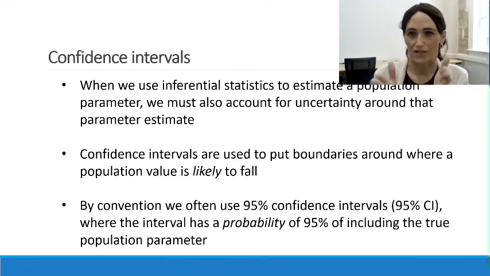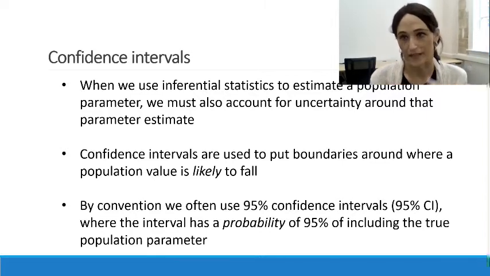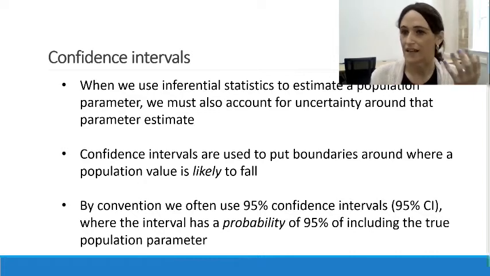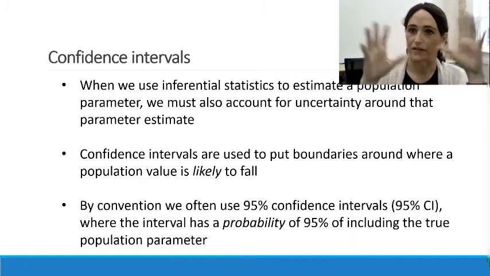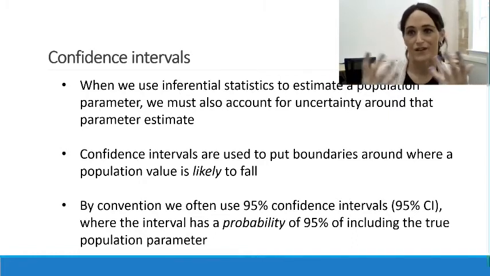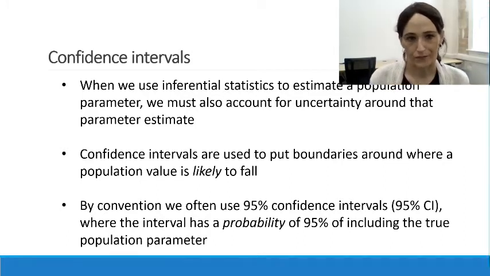That's what that range of values is, and it's derived using inferential statistics methods. Okay, so it puts boundaries around where a population value is likely to fall given our data. And again, if our data set's relatively small, a relatively small sample, we have a fairly wide confidence interval. If we have a much larger sample, we have a more narrow confidence interval. We're going to get closer and closer and closer to the truth.